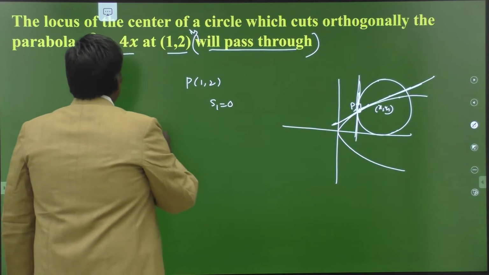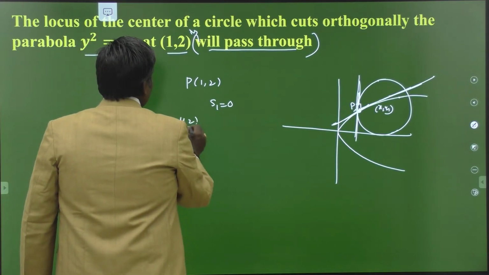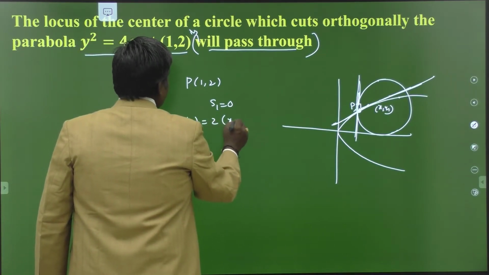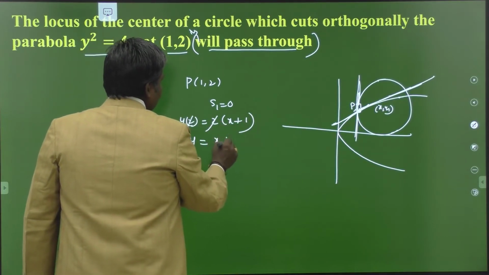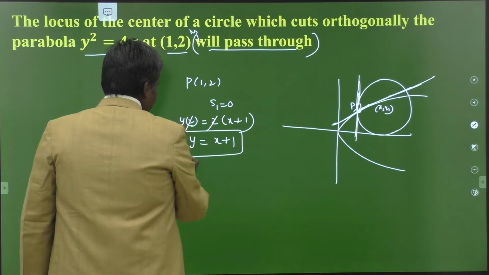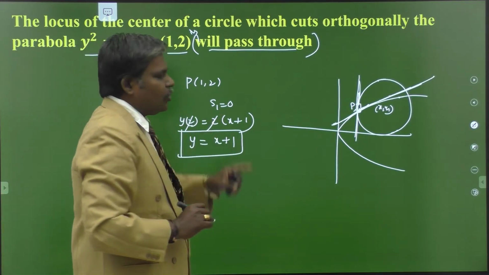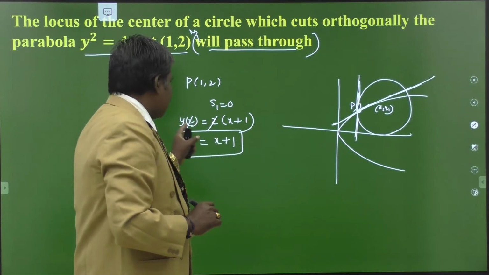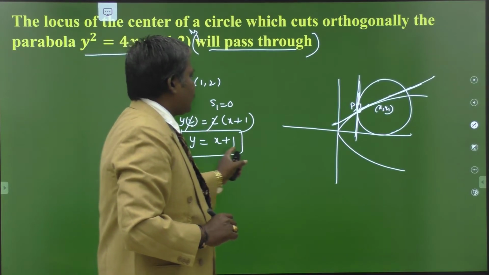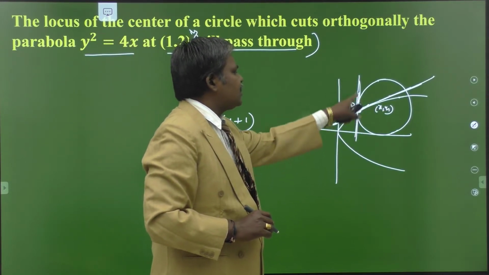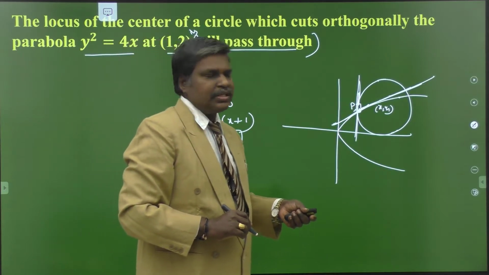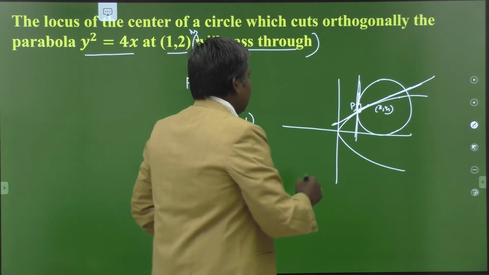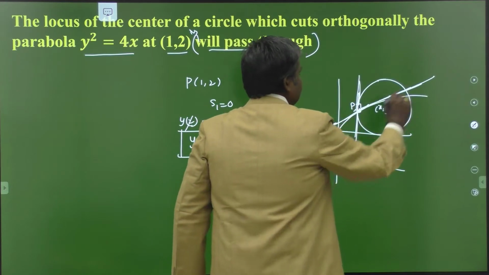Right, S1 is equal to 0. y into 2 is equal to 2 times of x plus 1. 2 gets cancelled. Therefore, y is equal to x plus 1. I think this itself is the locus of the center of the circle, because this is the tangent to the parabola, and at the same time it is a normal to the circle. Every normal to the circle must be passing through the center of the circle, because the angle between these two is 90 degrees.